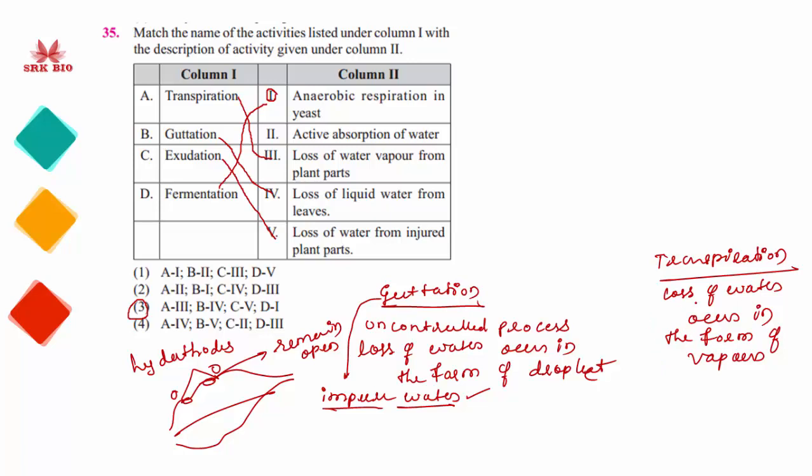Of course, sometimes transpiration results in much loss of water, but it can be controlled. So during transpiration, whatever water is lost in the form of vapor is in pure condition, and the structures which show transpiration are stomata and lenticels. But lenticular transpiration is negligible.